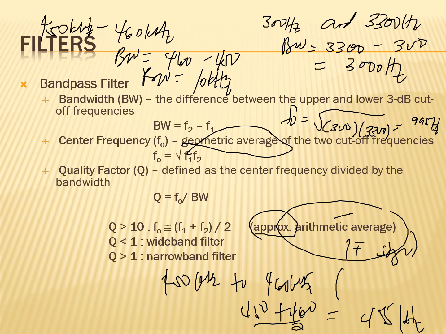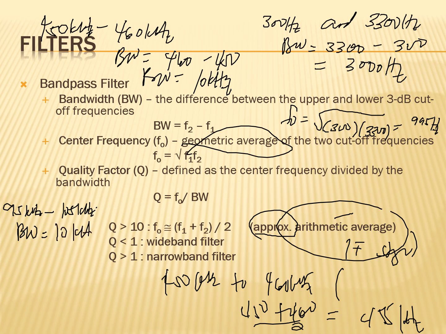So for example, we have a narrowband filter, given a frequency range of 95 kilohertz to 105 kilohertz. In this case, we have a bandwidth equivalent to 10 kilohertz.